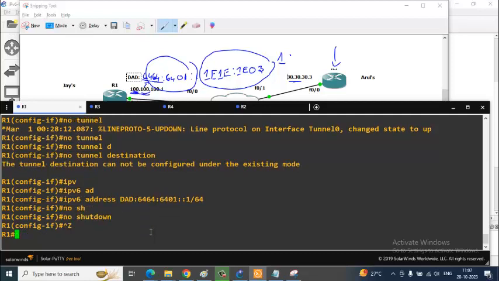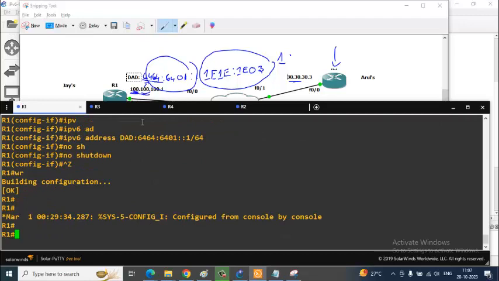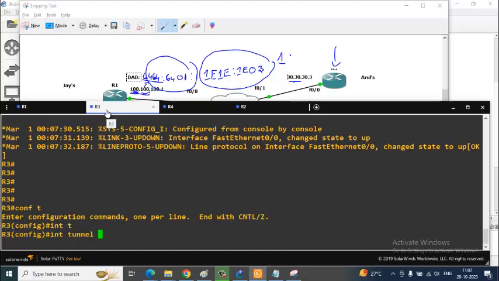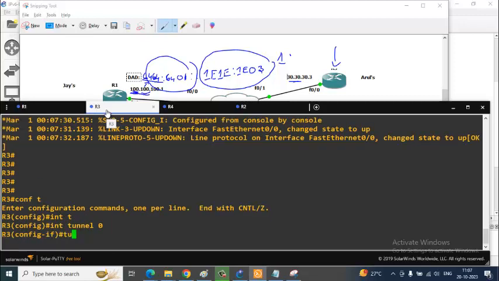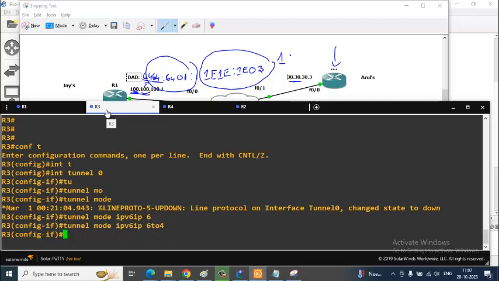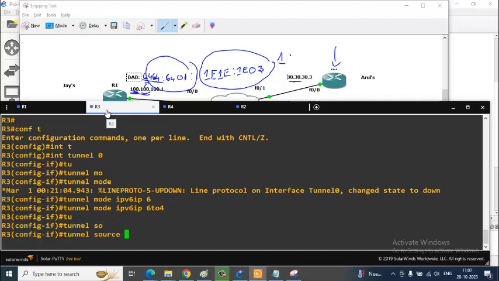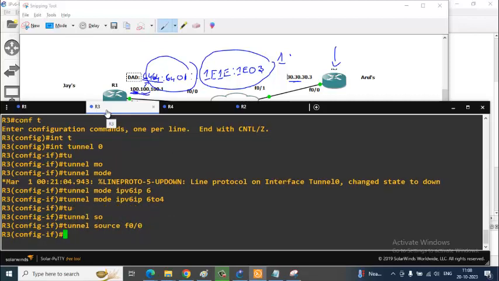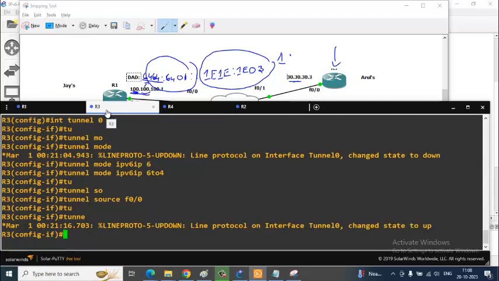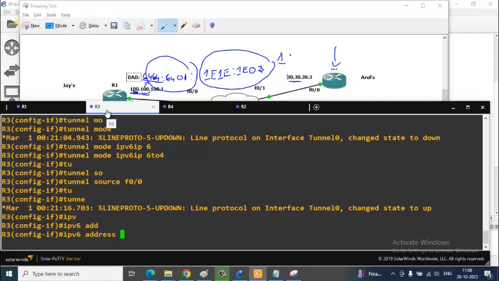Next I'll go to router 3, which is Arul. Interface tunnel 0, tunnel mode ipv6ip 6to4. Tunnel source is F0/0. No need for a tunnel destination. Next, the IPv6 address of this tunnel.